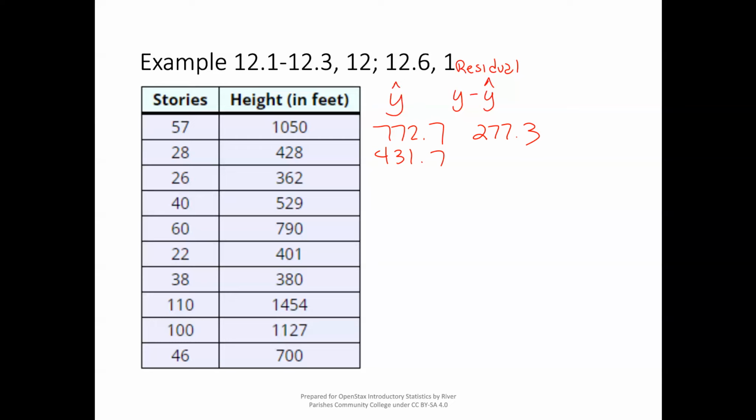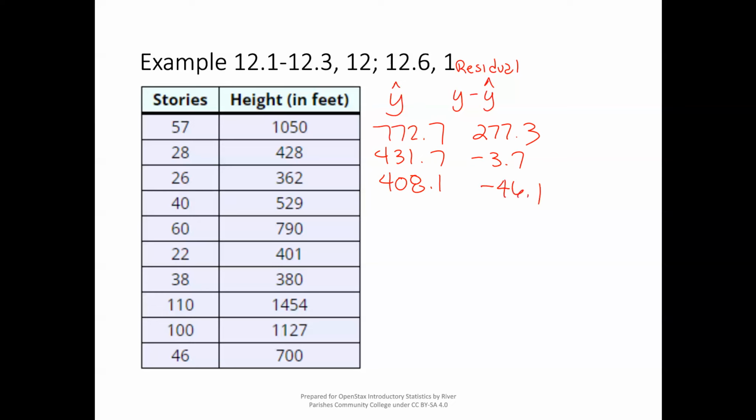So it's negative 3.7. What's the value at 26? Second, calculate, value 26, 408.1. So the residual is.